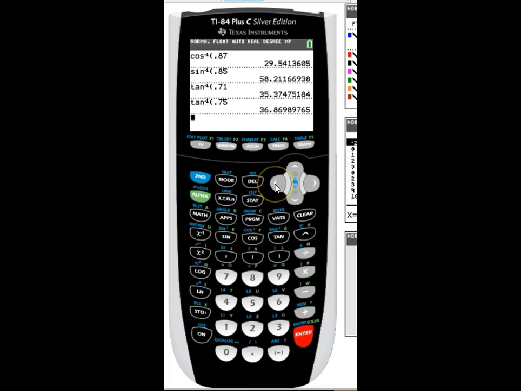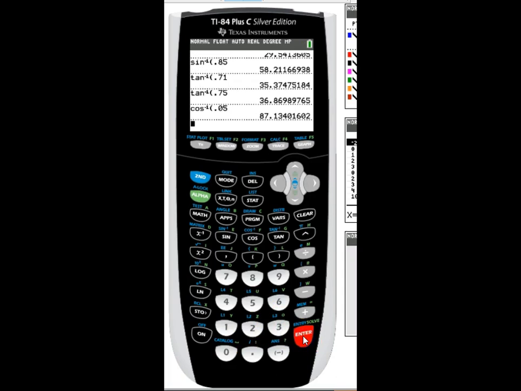Our next one is second cosine of 0.05, enter. That gives us 87.1 degrees. Our last one is second sine of 0.67, enter. That gives us 42.1 degrees.